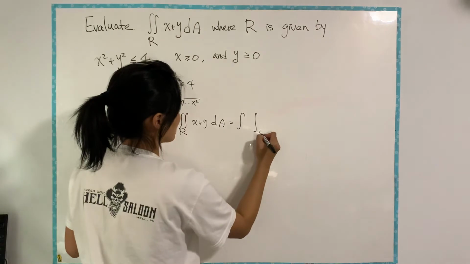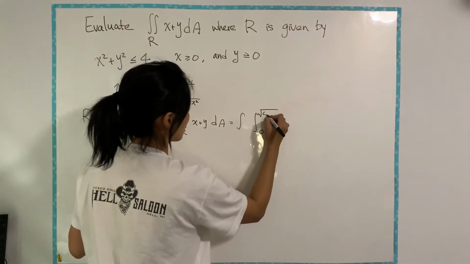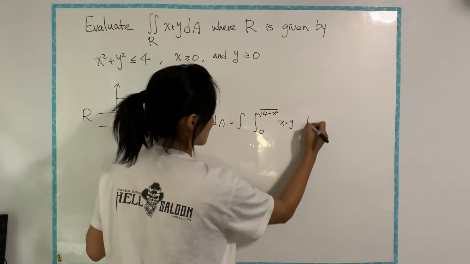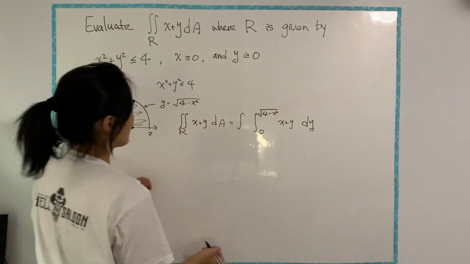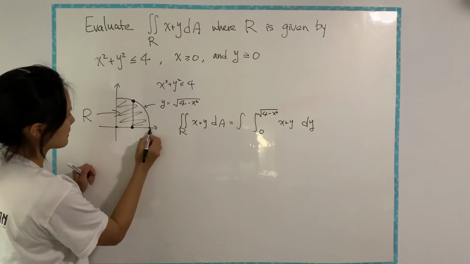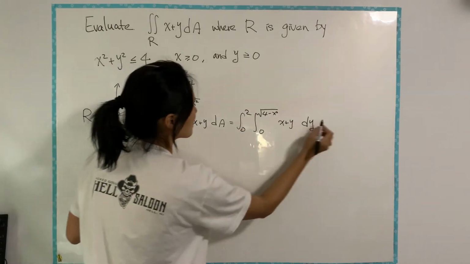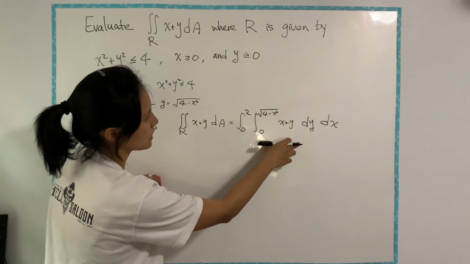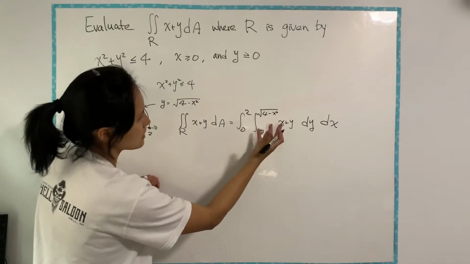So then I have 0 to square root of 4 minus x squared, x plus y, and this is the limit for y, so then dy. Then what are all the possible x values? That'll be anything from 0 to 2. So this is one way we can do it, but we can see it looks complicated.